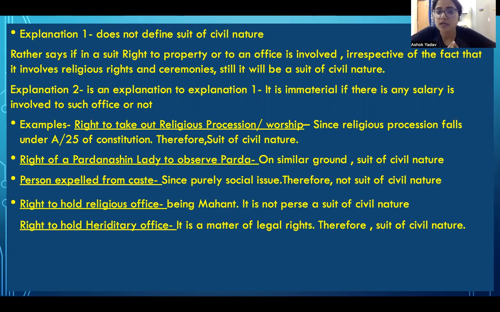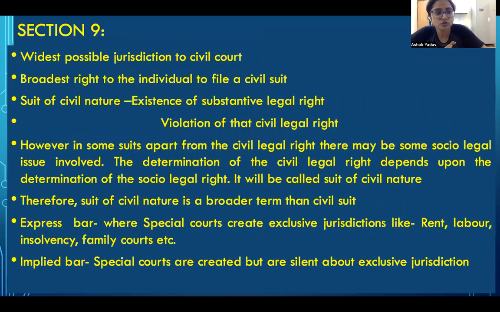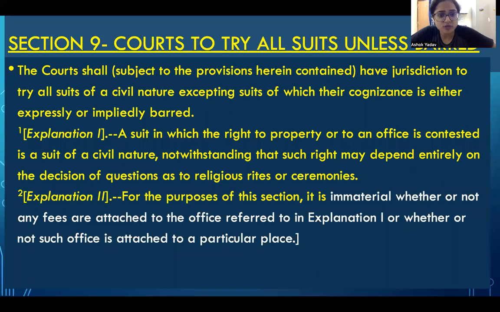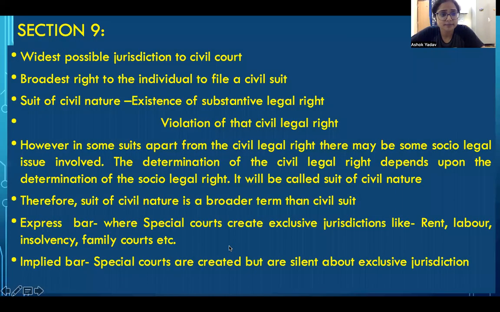Now let's come to explanation 2. It reads, for the purposes of this section, it is immaterial whether or not any fees are attached to the office referred to in explanation 1, or whether or not such office is attached to a particular place.